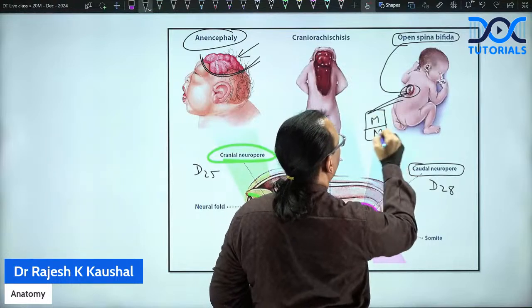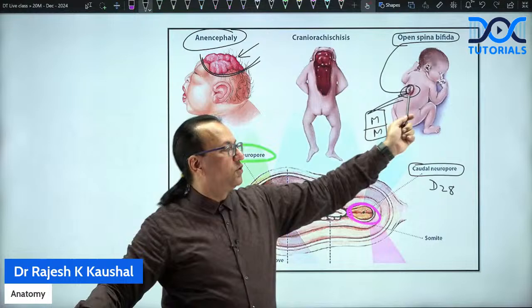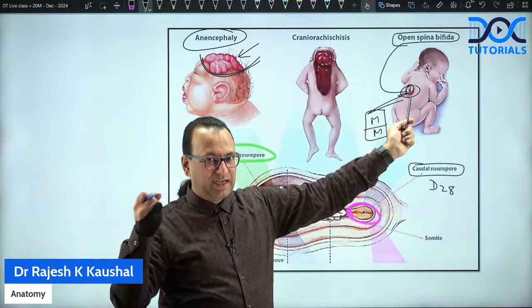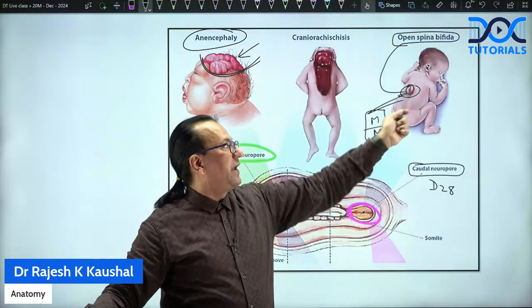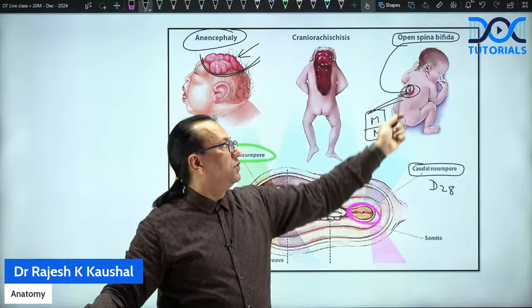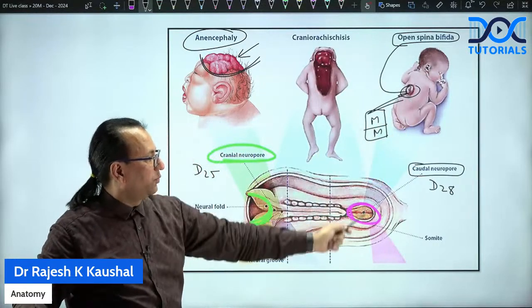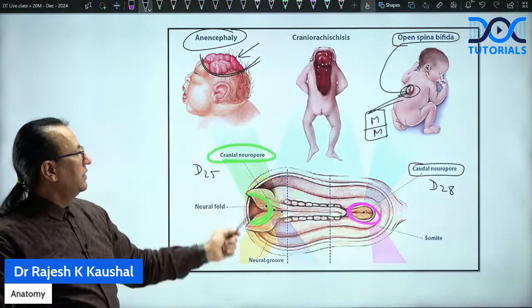The spinal cord is also coming out. So you'll find a cyst. In that cyst, you will have CSF, and in that CSF, you will have spinal cord matter. So meningomyelocele. Spina bifida with meningomyelocele. So these are all problems of the posterior neuropore. And if it is a problem of the anterior neuropore, then anencephaly.